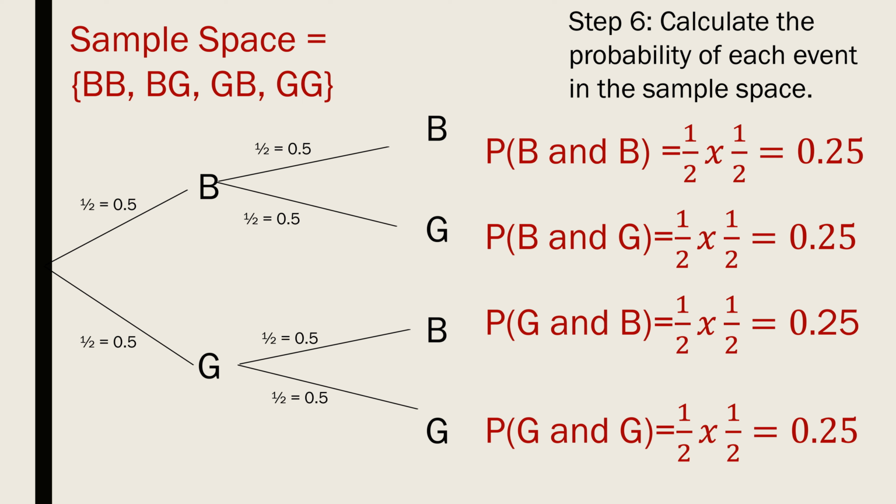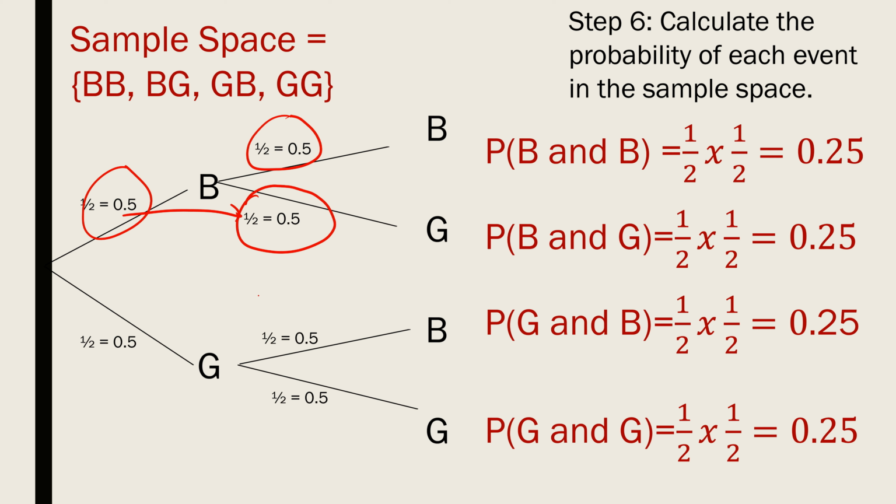Step 6. Calculate the probability of each event in the sample space. The probability of B and B equals 0.5 times 0.5. Probability of B and G equals 0.5 here times the 0.5 on this branch.